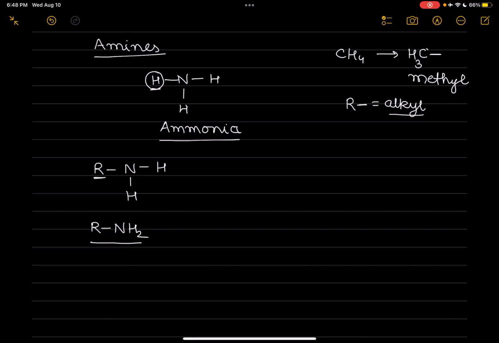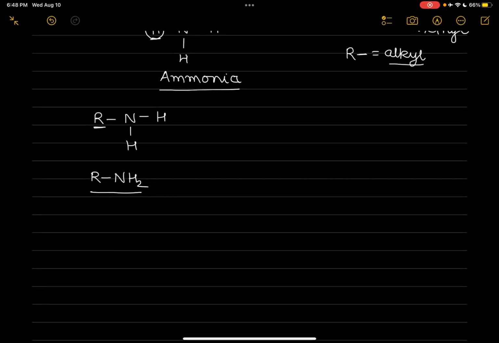Ash, could you tell me what kind of amine this is? I will give you a hint. Is it a primary amine, secondary amine, or a tertiary amine? Primary amine, right? Why is it primary?